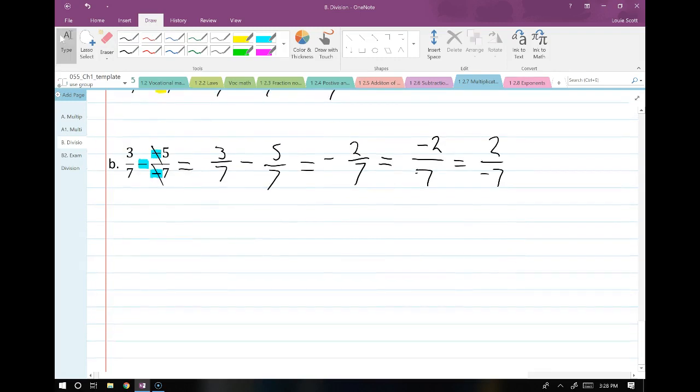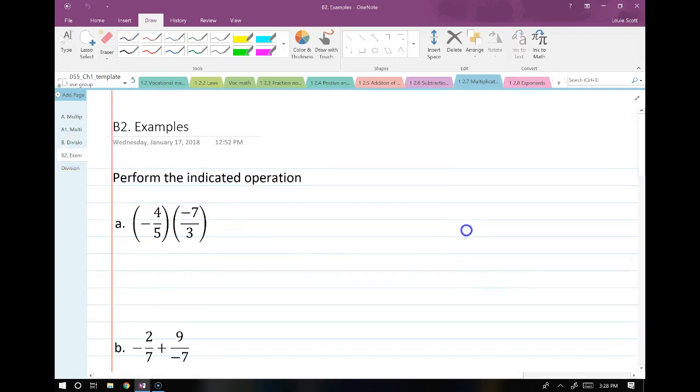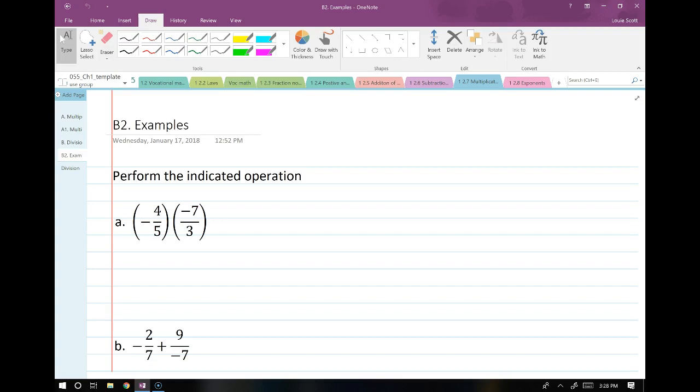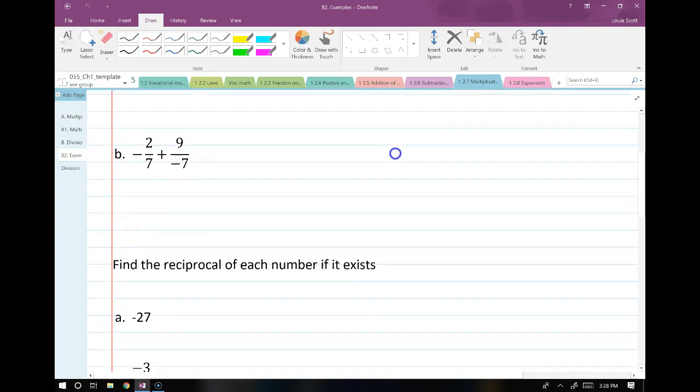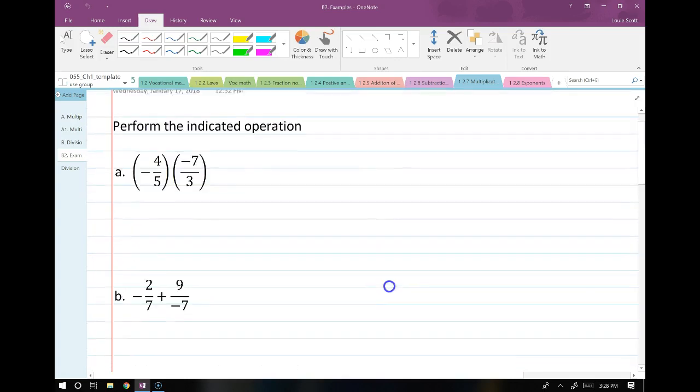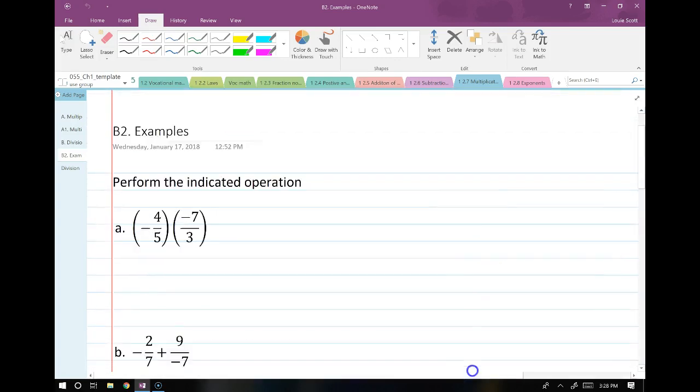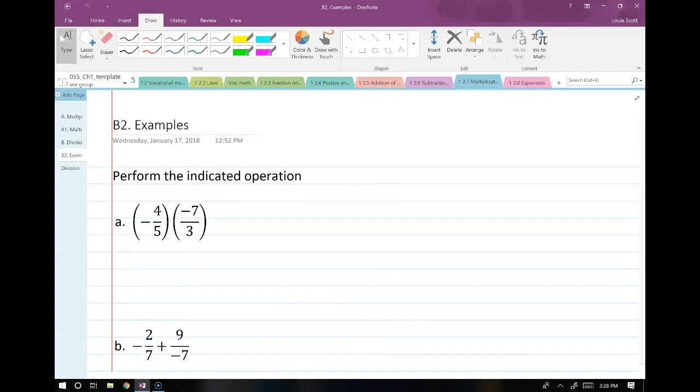All right, so let's do a few examples. In these examples, we are just kind of handling the negative signs. So on this first one, I'm going to multiply straight across the top and straight across the bottom.